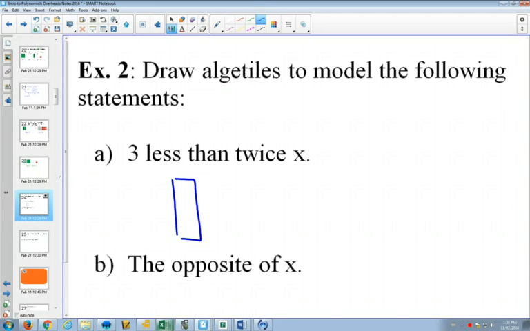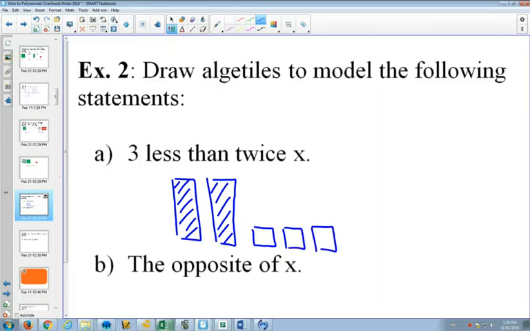They're like this, but shaded in, right? Does this make sense that that's twice x? How would I show 3 less? Negative 4. And then just 3 clear ones. 3 clear little ones. Because this is twice x subtract 3.